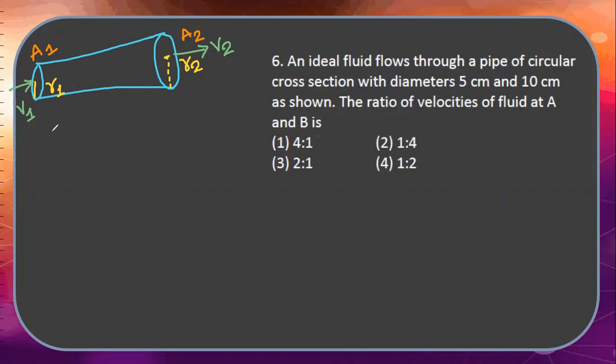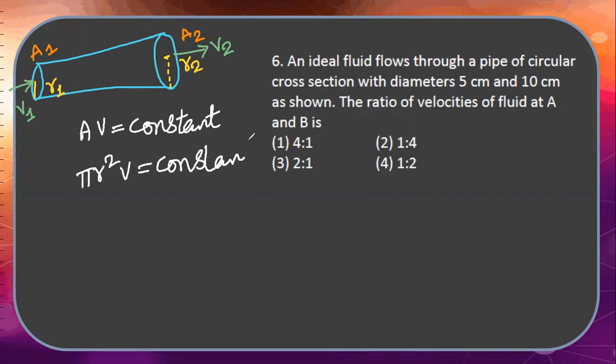According to the equation of continuity, A1 V1 is equal to A2 V2. Otherwise, we may take A into V as constant. That is, pi r square into V is constant.